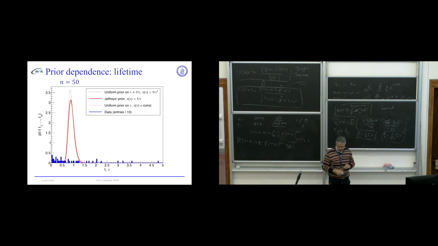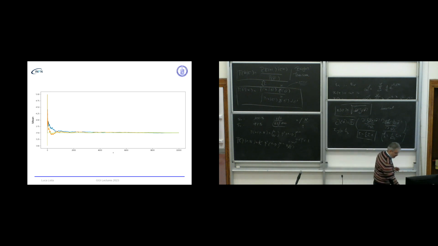So we shift to a different subject. We saw before the law of large numbers, which allows us to define frequentist probability. So we say that we can consider a probability as the limit, for an infinite number of random extractions, of the frequency of the occurrence of the process we are looking for.